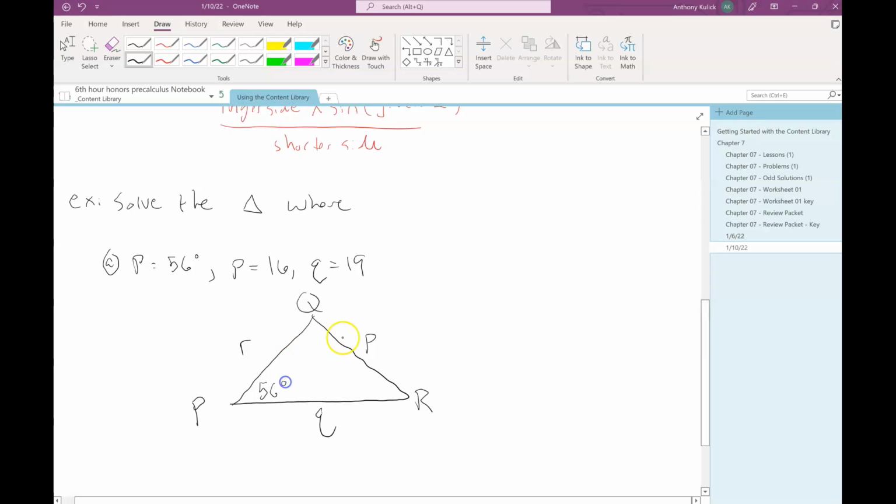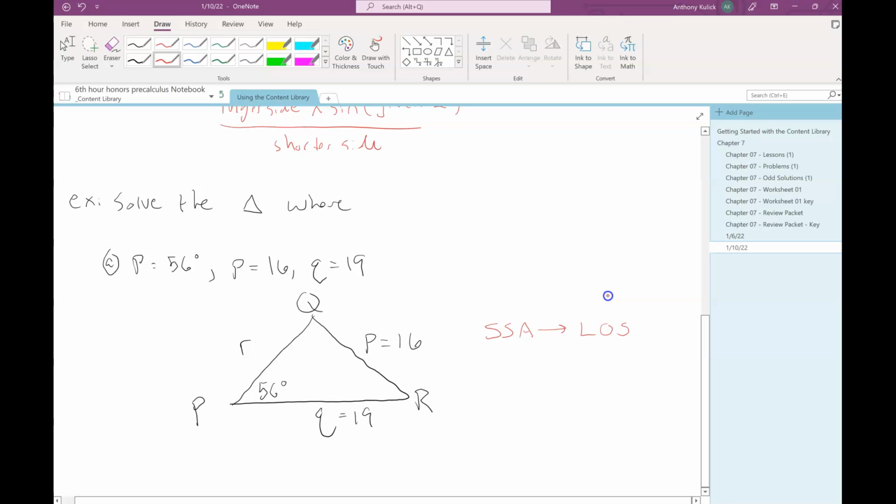So let's see, angle P is 56, side P is 16, and side Q is 19. So what situation am I in here? Side-side-angle. Very good. So I know in the side-side-angle I have to use the law of sines.